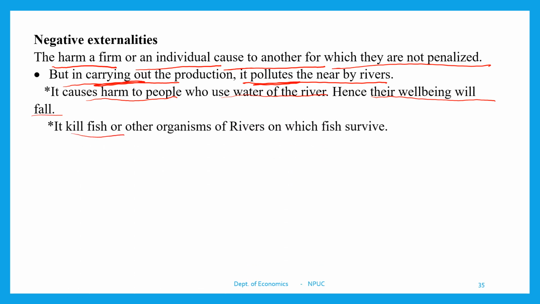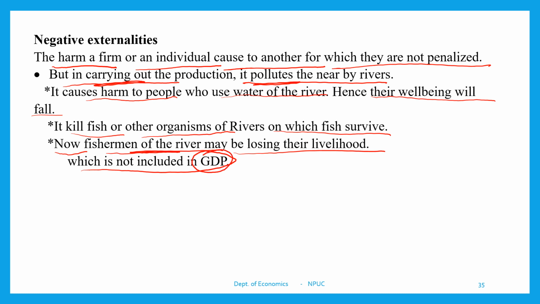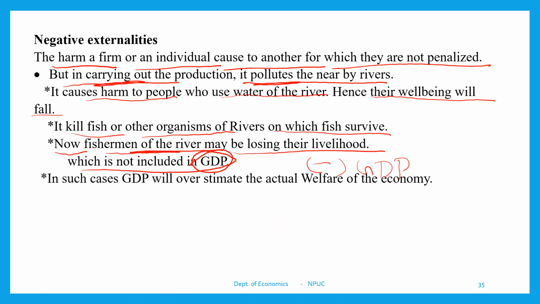It kills fishes and other organisms on which fishes survive. Now, fishermen of the river may lose their livelihood, which is not included in the GDP. That means all this negative effect should be deducted from the GDP, but that does not happen. So in that case, what happens? GDP will overestimate the actual welfare of the people.